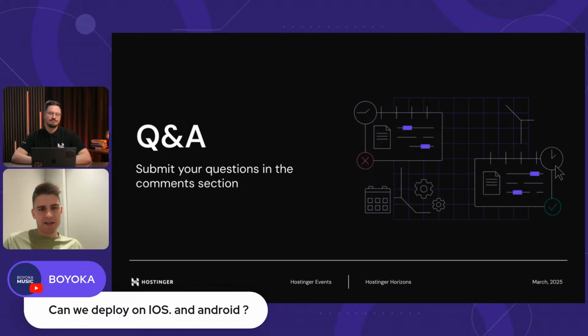You need to pay as a person, a subscription to Apple or Google to be able to deploy things there. So it's not that straightforward. Our focus for now is on web applications and web development. But for sure, in the near future, we also see moving into the iOS and Android stores to be able to deploy mobile applications there.